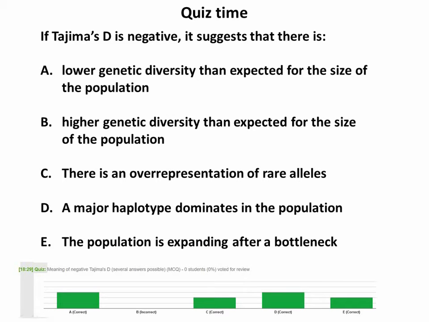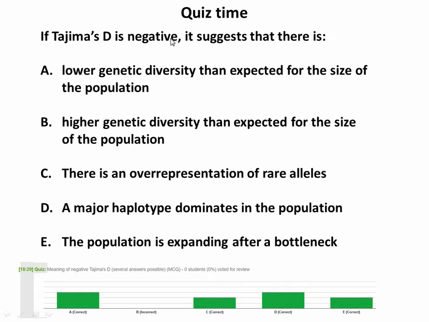Okay, and now just to clarify a bit, as I said, you answered quite correctly on this. I just see a few things here. Some of you didn't tick C and E. So some of you didn't tick that there is an overrepresentation of rare alleles and that the population is expanding after a bottleneck. Just to be sure, the first answer was indeed the right one.